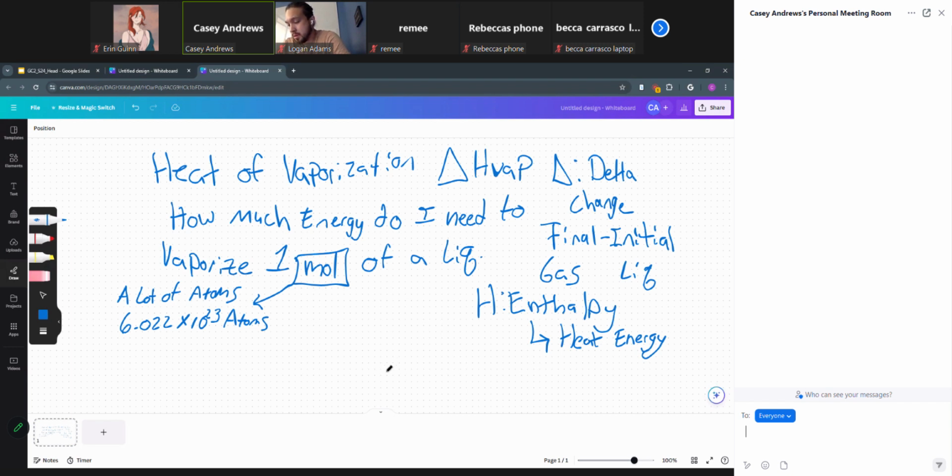Heat goes in. So would delta H vap be a positive or negative number? Positive, because heat goes in. So delta H vaporization is always a positive value.